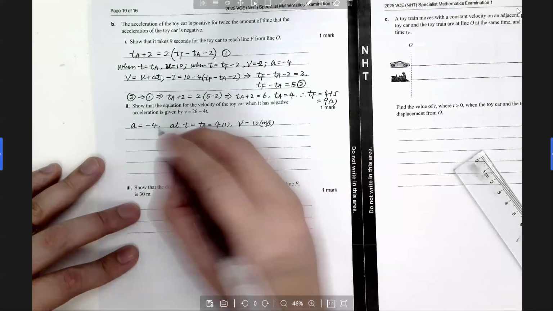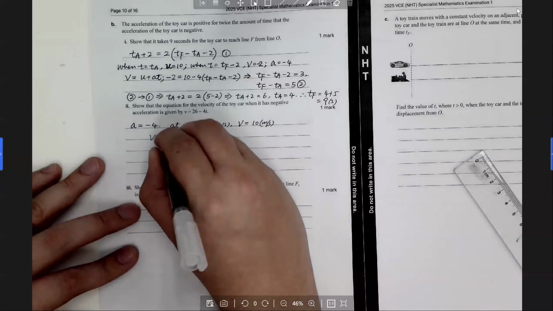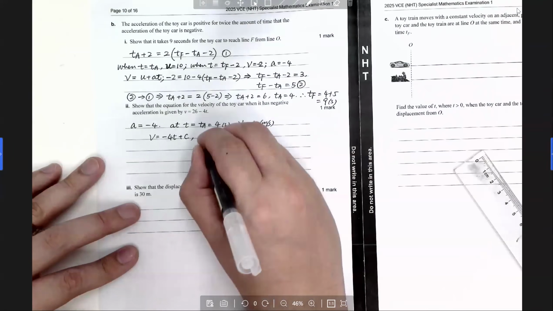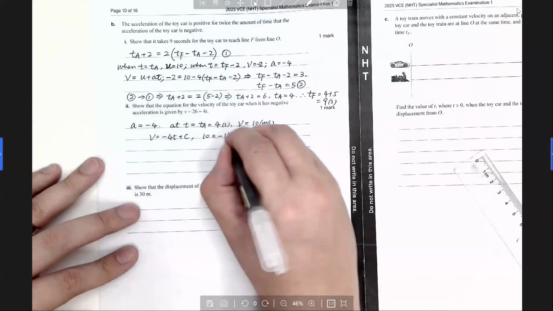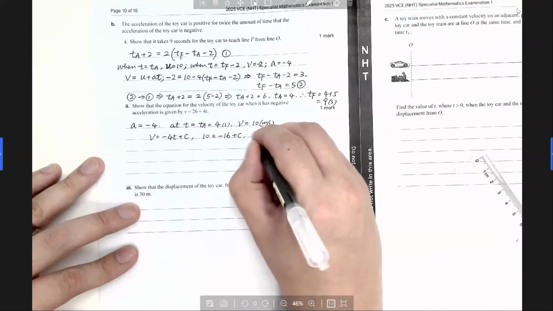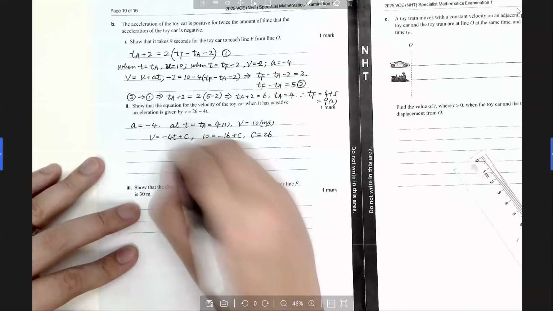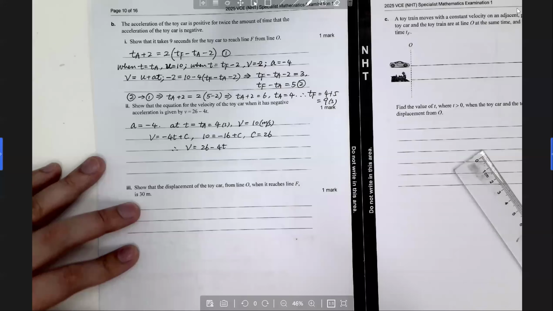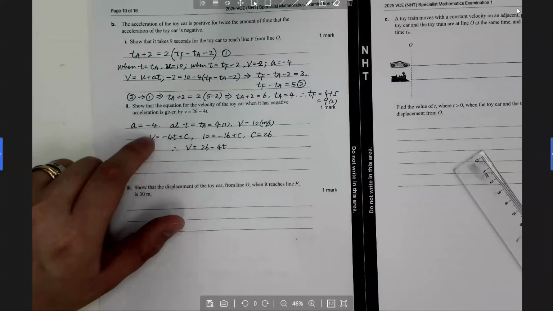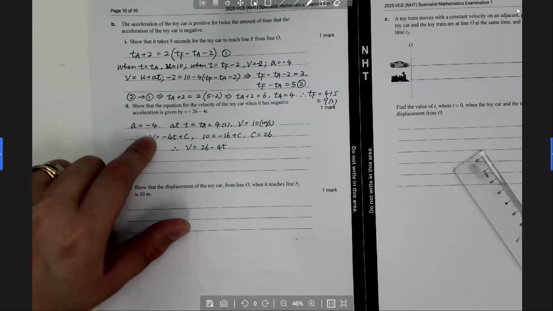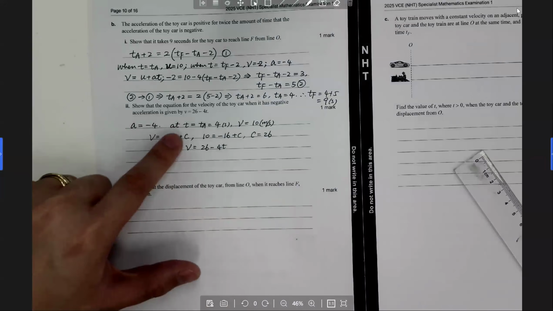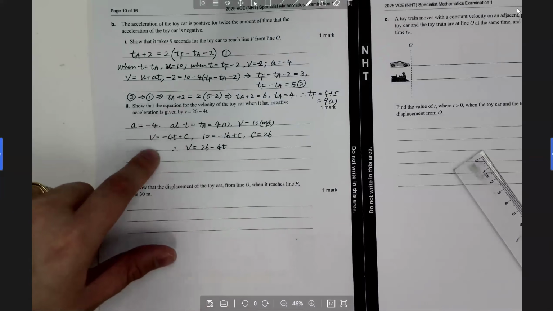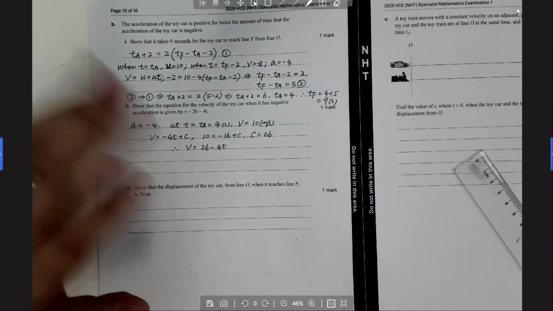And then we say v equals -4t plus c, and then just substitute 10 equals -16 plus c. So therefore c equals 26. So v equals 26 minus 4t. You might also argue from the constant acceleration formula, just show your substitution and rearranging to this equation. Here I just show the one step, very simple integration anyway.